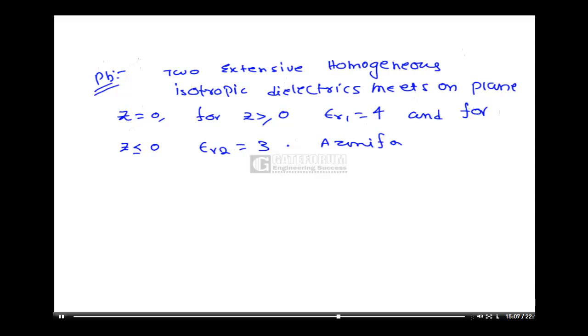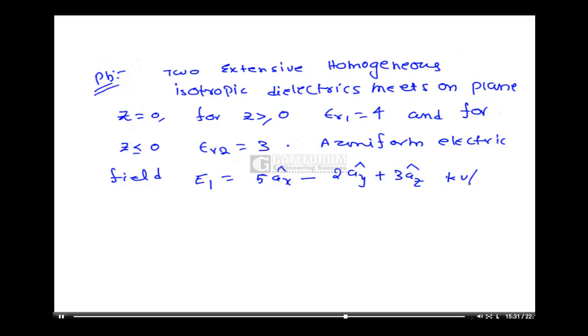A uniform electric field E1 equal to 5 ax minus 2 ay plus 3 az kilovolt per meter exists for z greater than or equal to 0. Find E2 for z less than or equal to 0.